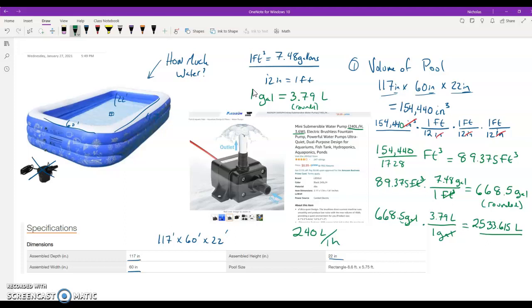We might have been able to do this problem differently and convert to liters earlier if we would have recognized that, but we didn't. So this is where we are.